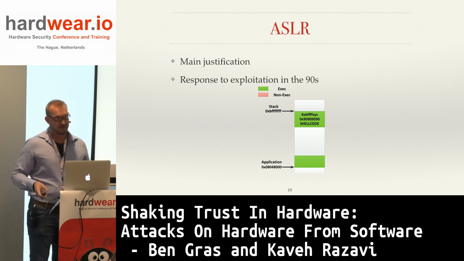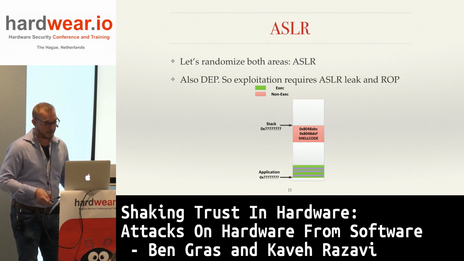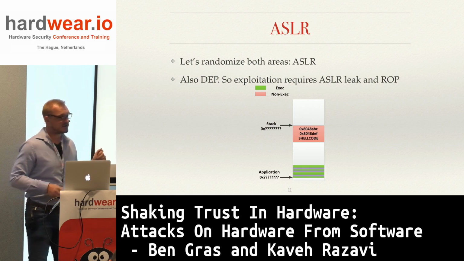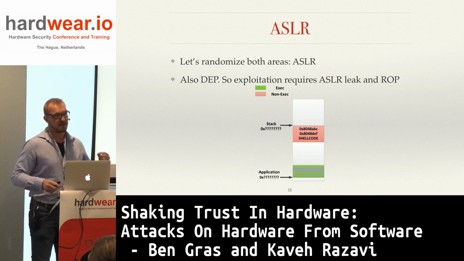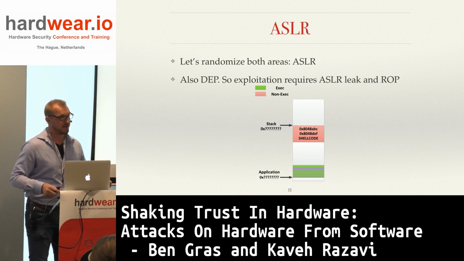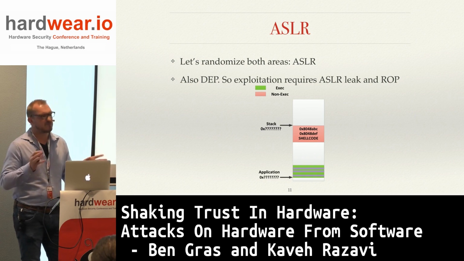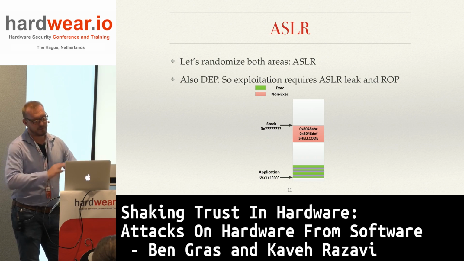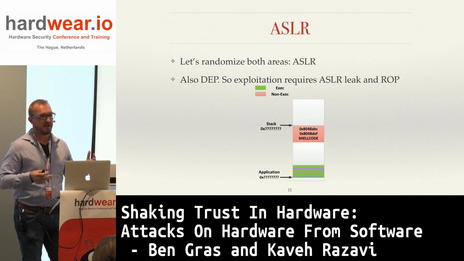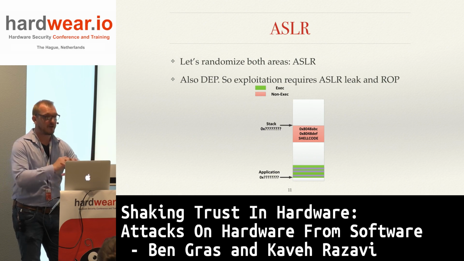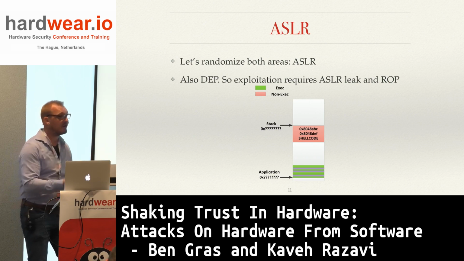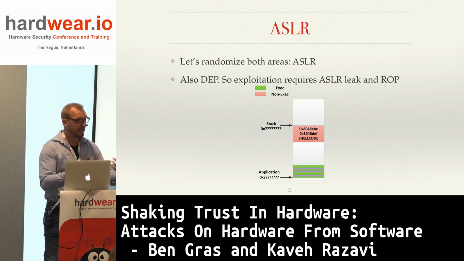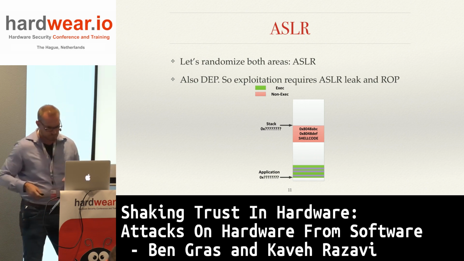In response to that, there are several mitigations in place nowadays. One of them is ASLR, Address Space Layout Randomization. That means the stack is mapped at an unknown place, the application is mapped at an unknown place, and these are 64-bit random numbers, not with that entropy, but okay. So it's a very high entropy position. You cannot guess where the stack is. You cannot guess where the application is without a separate vulnerability to get this information out of there, an information leak vulnerability.